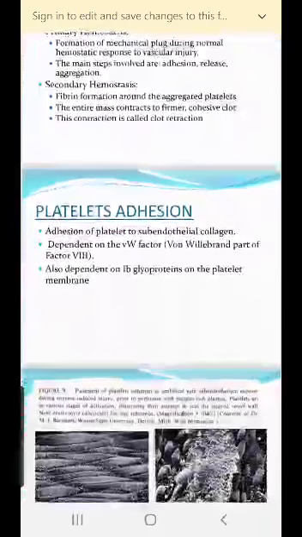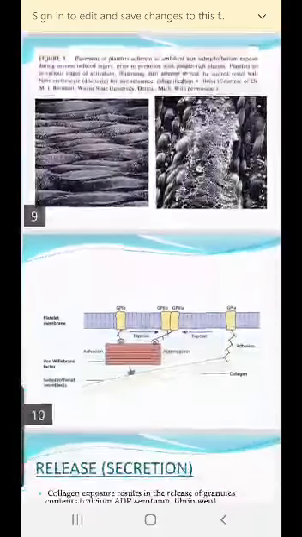The platelets adhere to the surface of the lining epithelium, or the walls of the blood vessels. They adhere to the subendothelial collagen with the help of the 1B glycoproteins on the platelet surface. I will show you the picture of it.